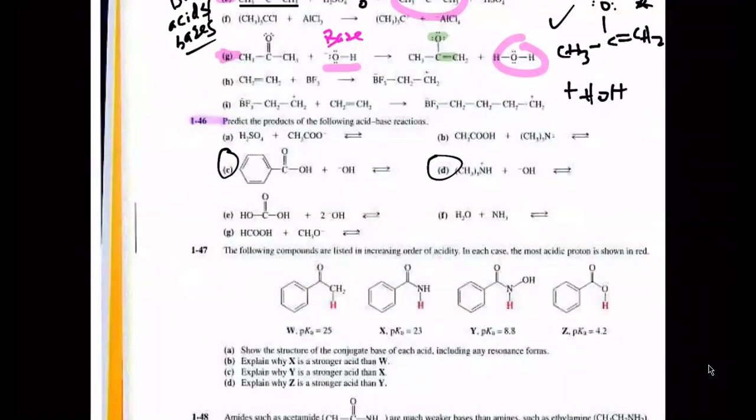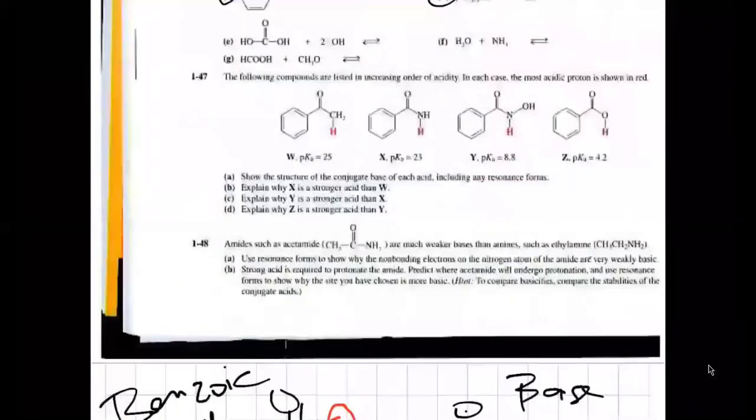Actually, we're going to do all of them, and we're going to predict the equilibrium too, because that's another skill that we need to have. I'll put it on a blank page so we can work through it with plenty of room.